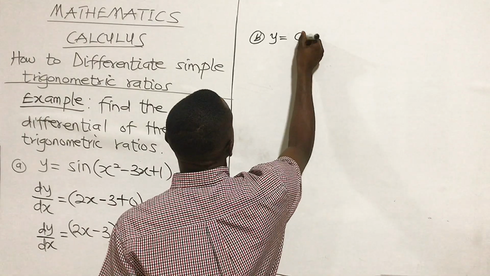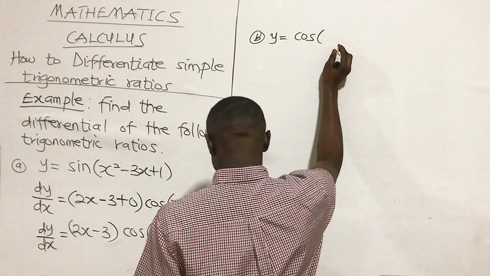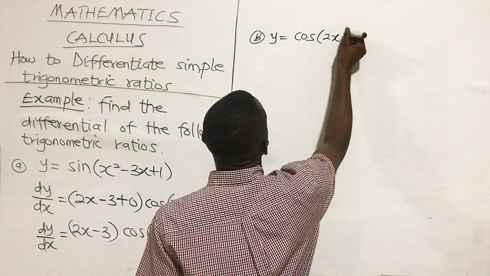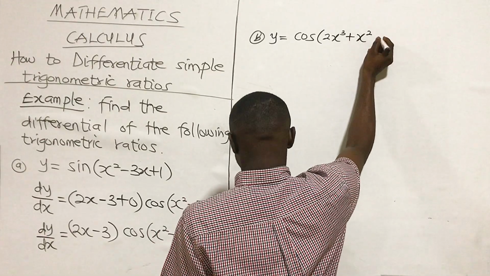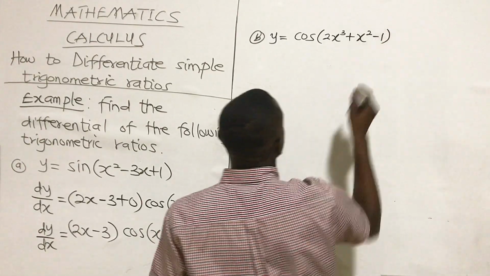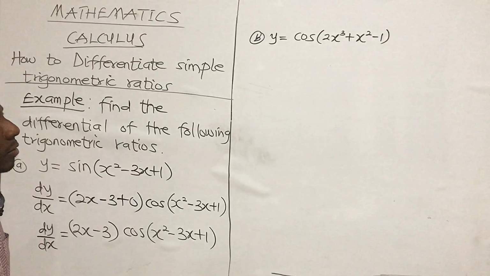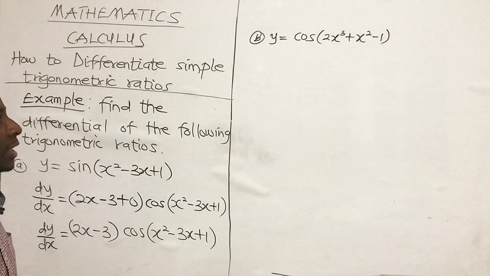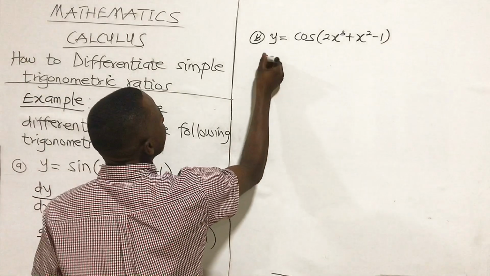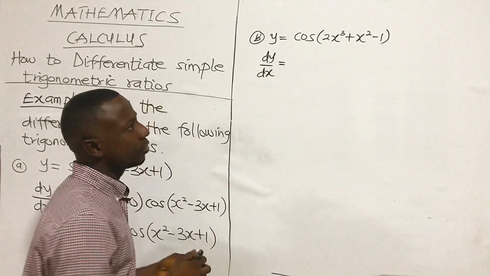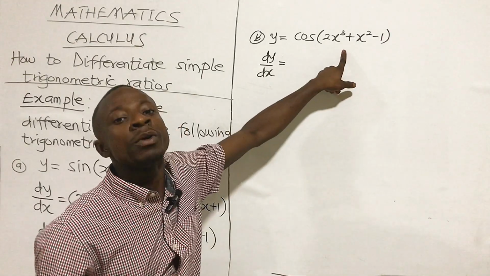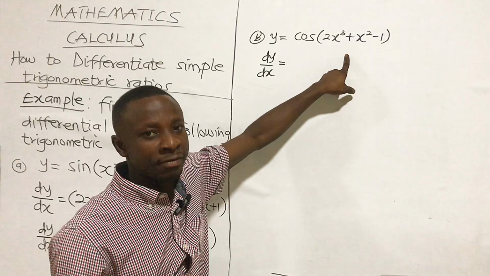cos into bracket 2x cubed plus x squared minus 1. So we want to differentiate this. So we have dy over dx is equal to, so from here we are going to start from the bracket, which is the function.